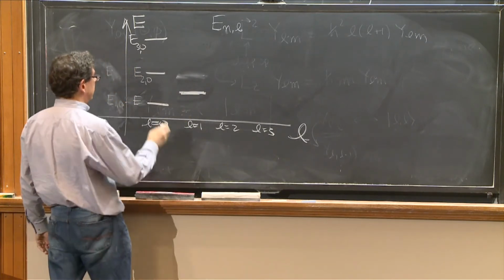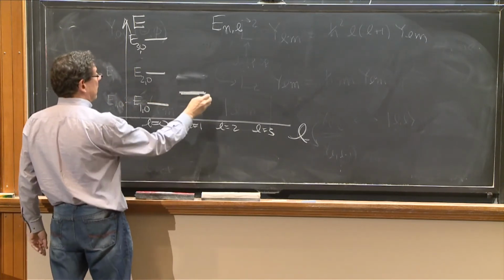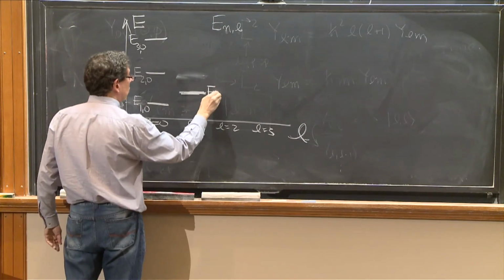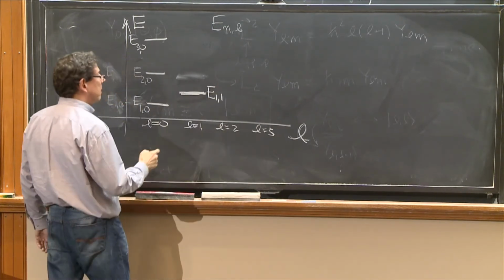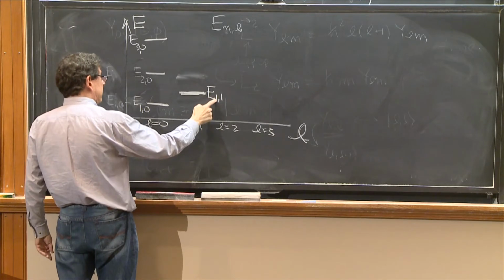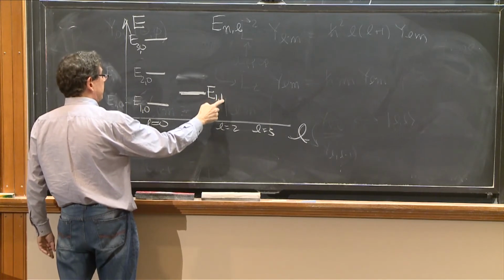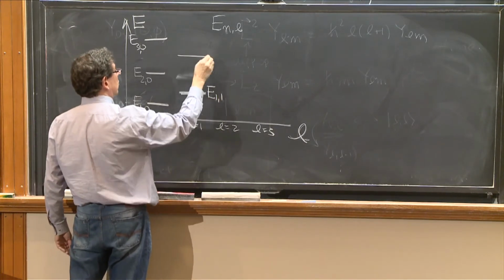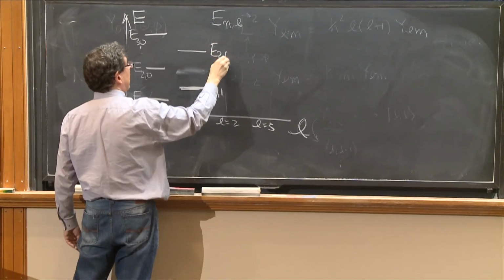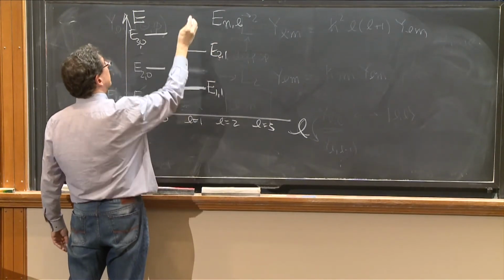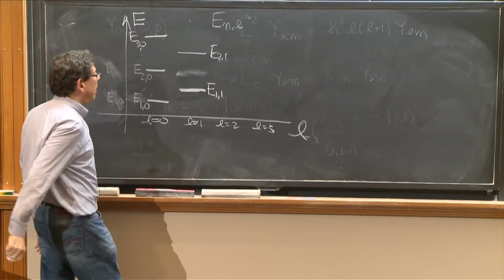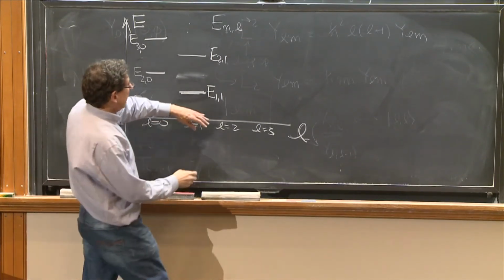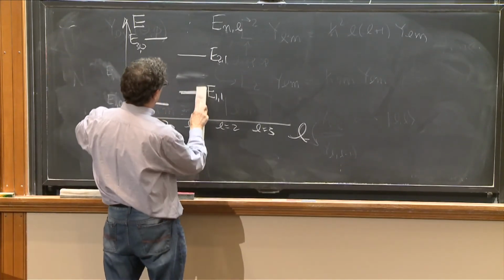So I'll put it here. L equal 1, and this would be E_1,1, the first state with L equals 1. Then here could be E_2,1, the second state with L equal 1, and higher up. And then for L equal 2, my diagram is a little too big.